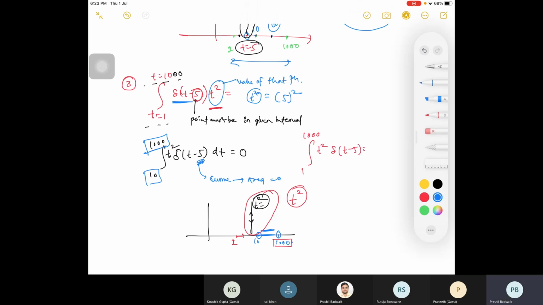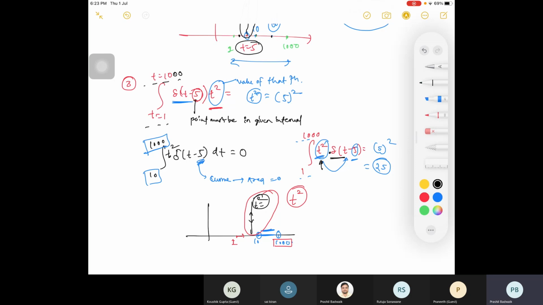When I want to find the value of this function with the direct delta function, you need to substitute this value here when this point lies in your interval, and here you can see 5 lies between 1 to 1000, and that's why you will have 5 square. So what is the value of that? That is 25. Here it is basically a multiplication of two functions: one is your t square function and one is your del t function.